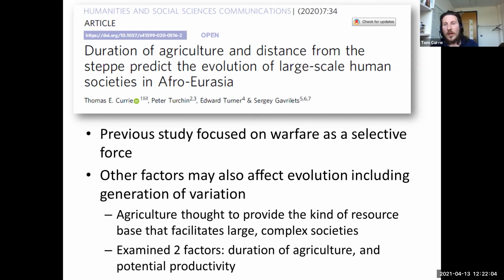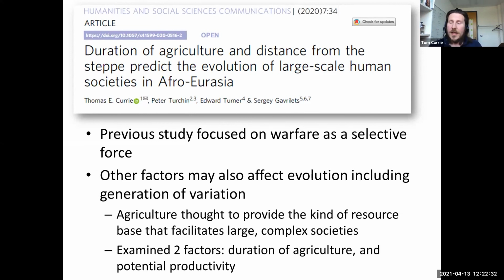So it's the thought that agriculture provides this resource base that facilitates large complex societies, and people have different ideas about how exactly that works, but there's this common understanding that agriculture is important. We examined two factors relating to agriculture. We looked at the duration of agriculture, and we also looked at the productivity of agriculture, the potential productivity.